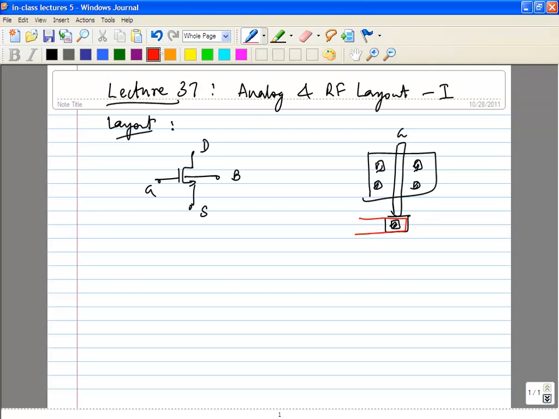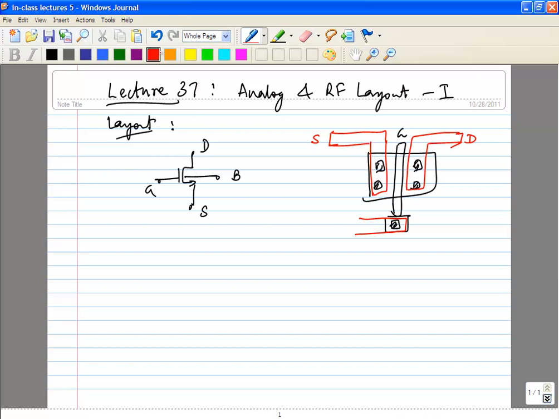Then you can route it out and connect it to a different transistor, maybe the output of the previous stage. Similarly, let us say this is the source and this is the drain.